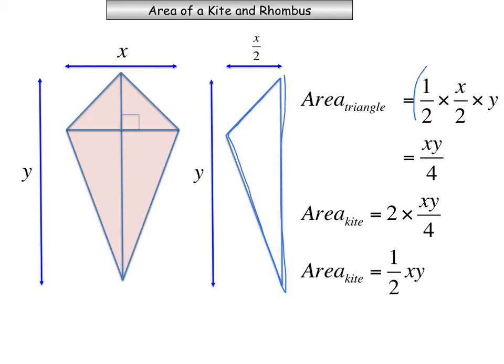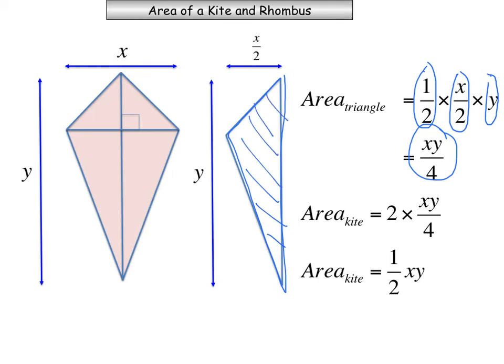So we've got a half times base, well the base is actually y, times the height. If we multiply all of those across, we end up getting 1 times x times y, which is xy, and your denominator is 2 times 2, which is 4. So we end up having the area of the triangle, so inside here, is xy over 4.